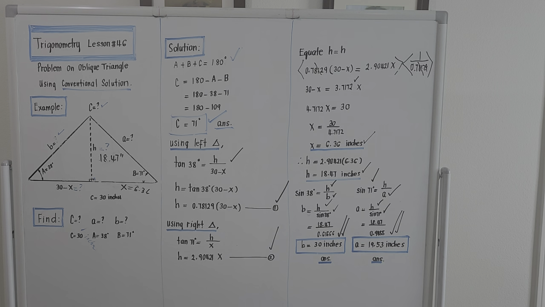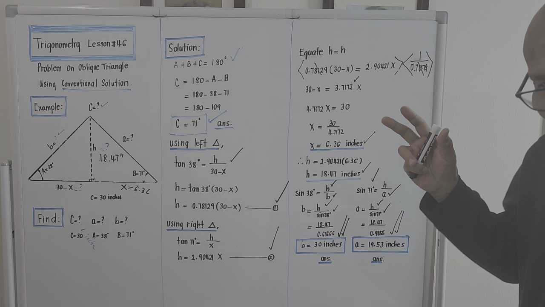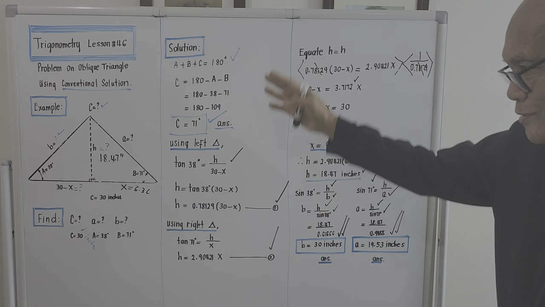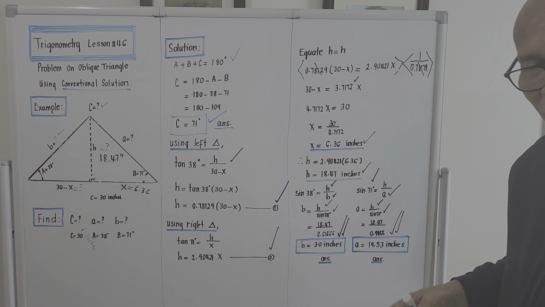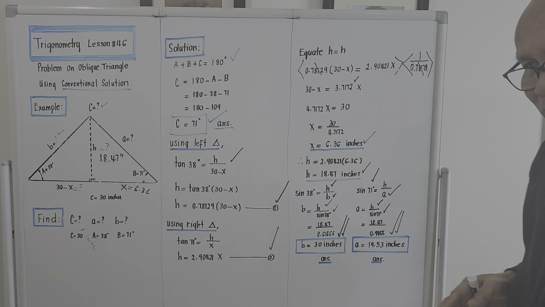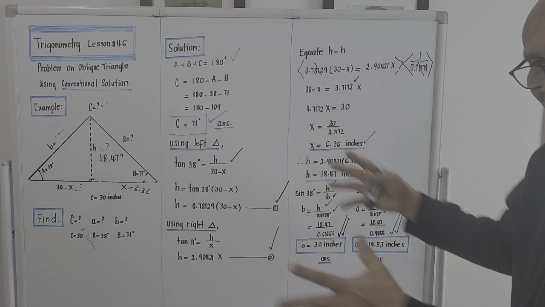That's it, guys. At least we now know that the sine law solution was correct by using the so-called conventional solution. This is the conventional solution by using our knowledge of the definition of trigonometric functions. It is not sine law.